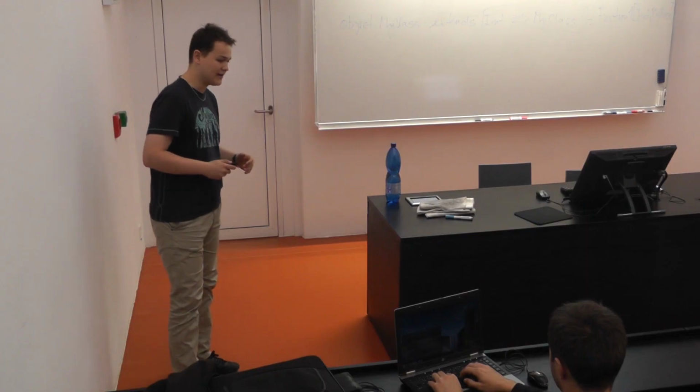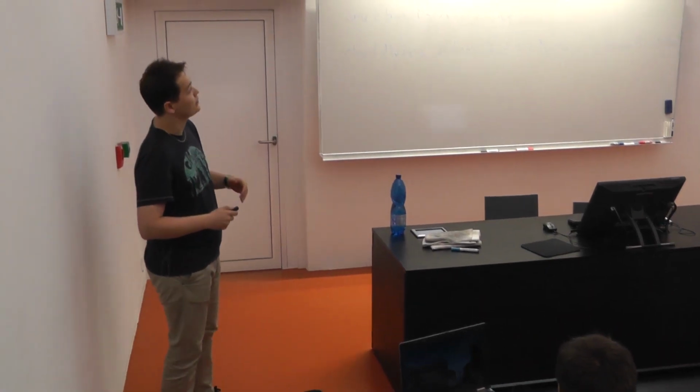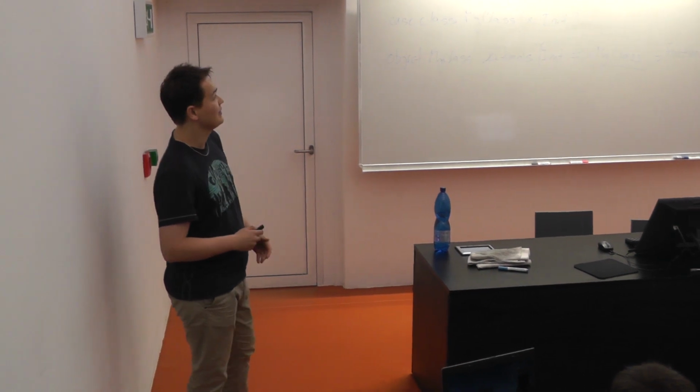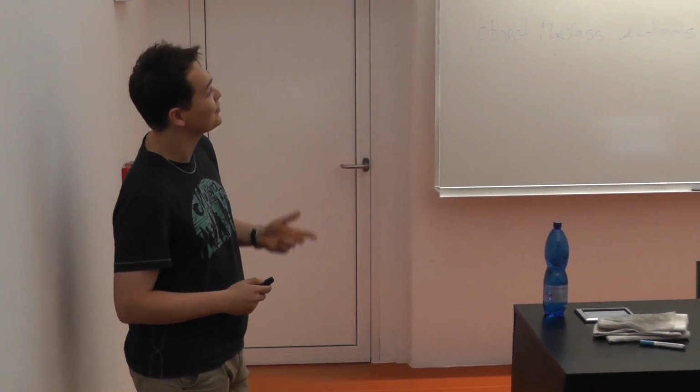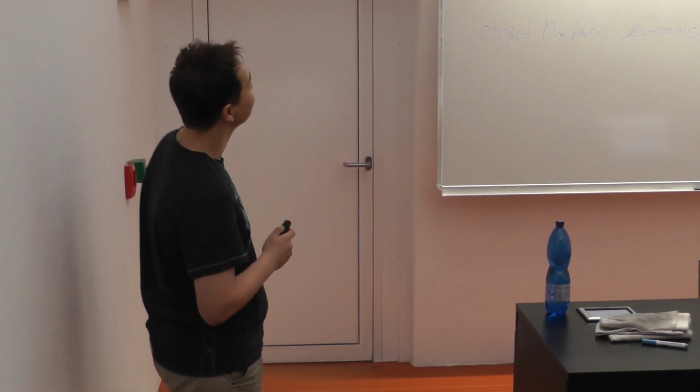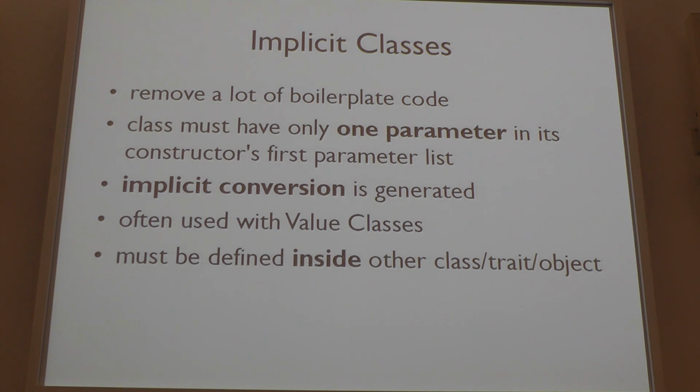So if you create a value class and you also mark it as implicit, you get the type safety, you get the performance, and you also don't have to write the implicit conversion. So you get everything. Another limitation is that you must define this implicit class inside some other object, class, or trait. It can't be a top level thing.